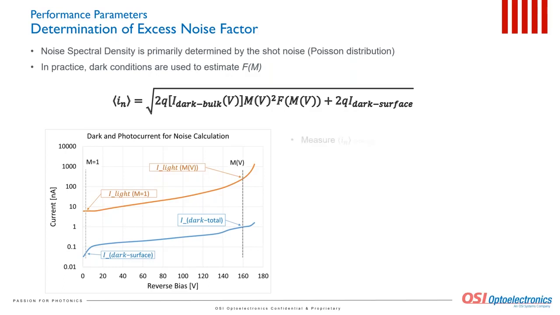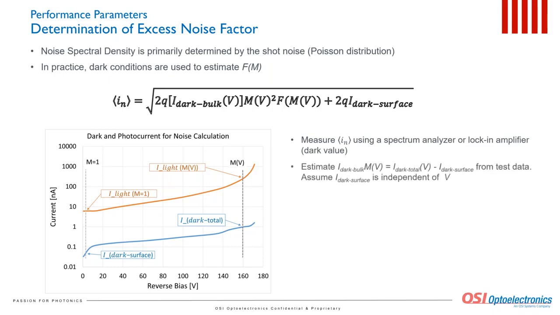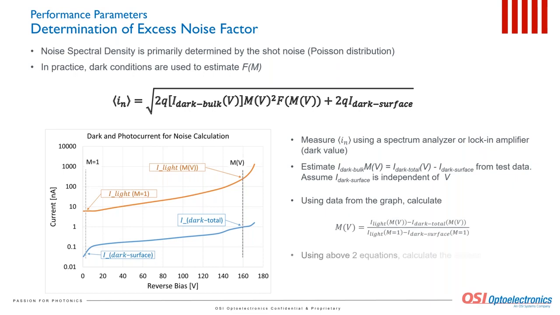To estimate the F factor value, we need to measure dark noise current spectral density at the bias of interest using a spectrum analyzer or lock-in amplifier. Then, assuming that at low bias value the dark current is primarily due to the surface current, and that the surface dark current does not change with bias, we have to estimate the dark bulk current from the test data shown on the graph.